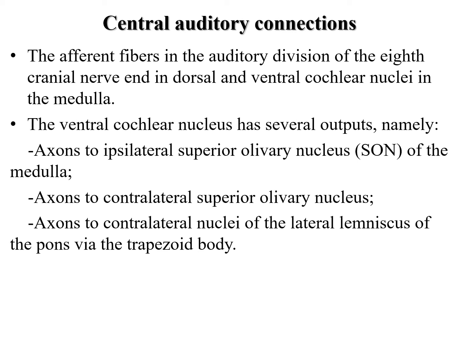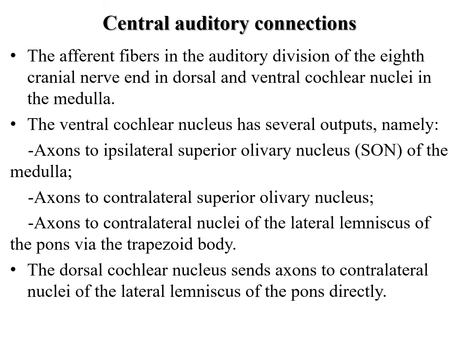While it reaches the nuclei of the lateral lemniscus, it traverses another structure known as the trapezoid body. Now, the dorsal cochlear nucleus does not give any supply to the superior olivary nucleus. It gives the supply directly to the opposite side nuclei of lateral lemniscus.